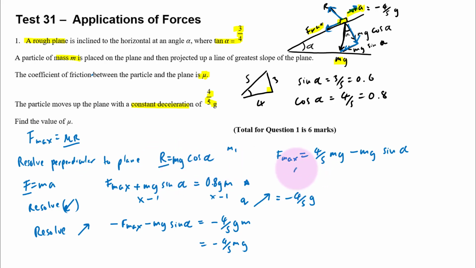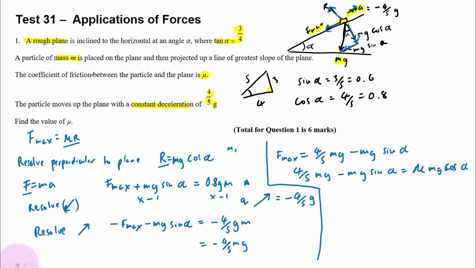So 4/5 mg minus mg sine alpha equals mu mg cos alpha. Now I'm going to do a line here to break up this space and change colour.